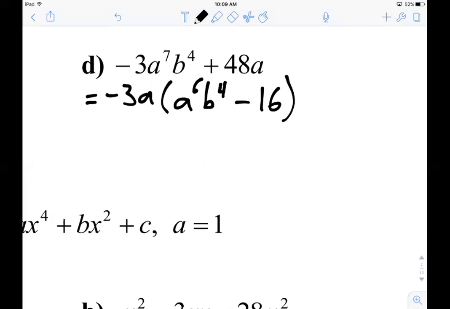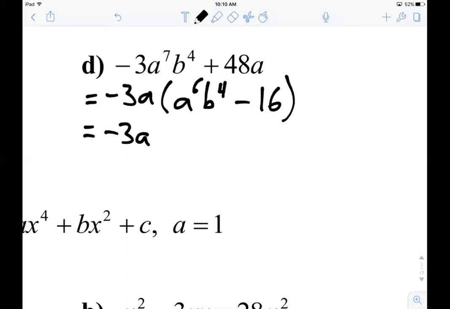Well, a to the power of 6 and b to the power of 4, that looks weird, but it's actually very easy to square root that, because we just take each of those exponents and cut them in half. And we know that 16 can be easily square rooted as well, so this truly is a difference of squares that we can now break down further. So we have -3a still out in front.